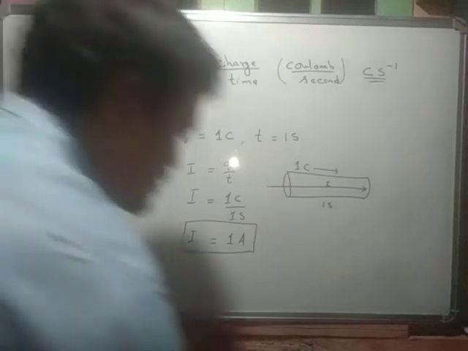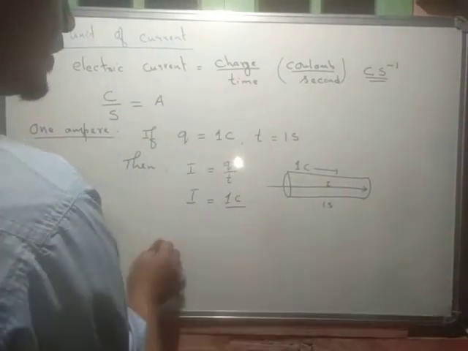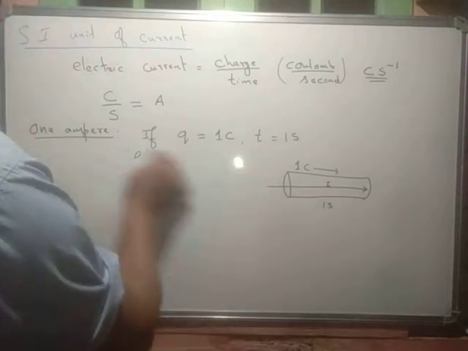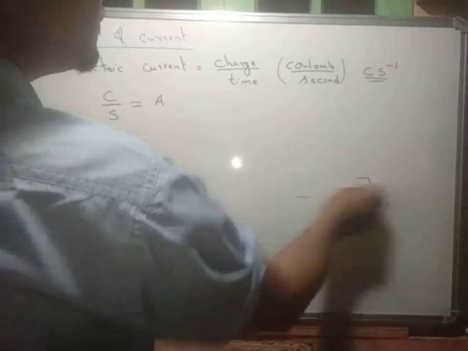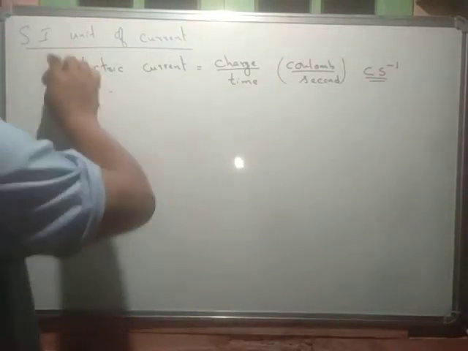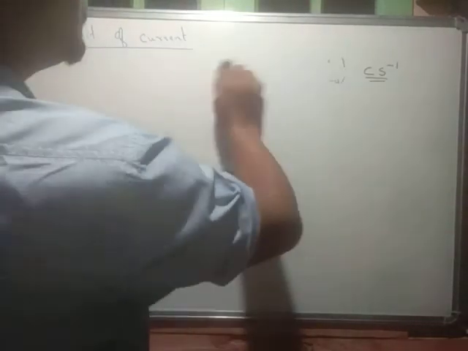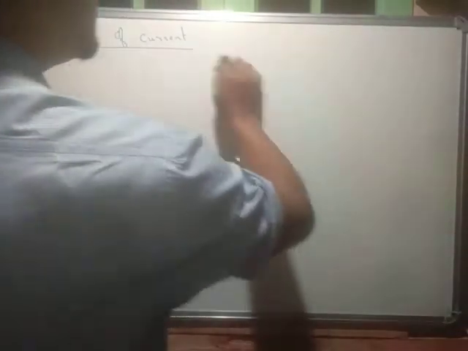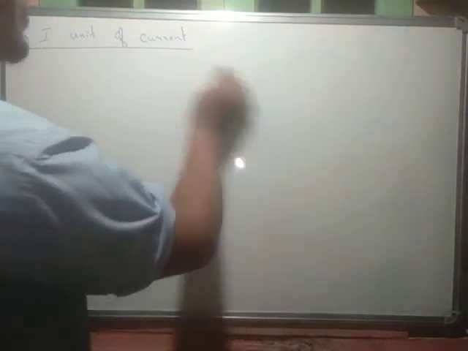Similarly, sometimes this ampere is a big unit, so it is not convenient for us to use ampere as the unit of electric current. Like in the laboratory, when you do the experiment, most of the currents are small currents.